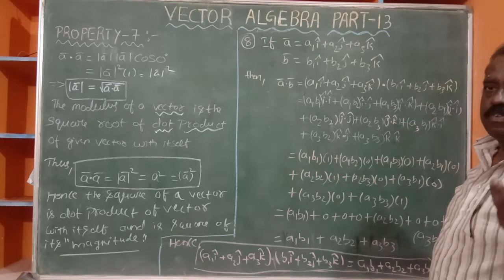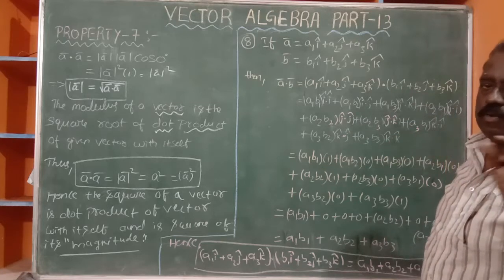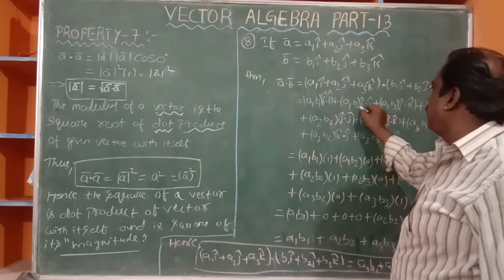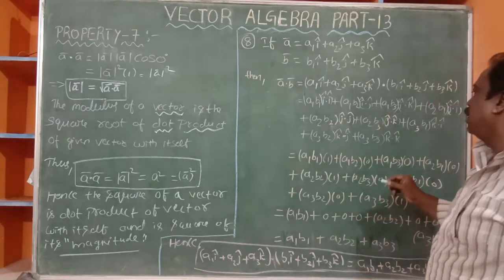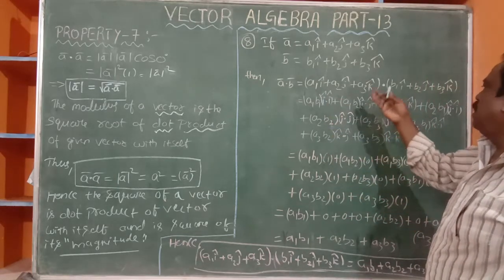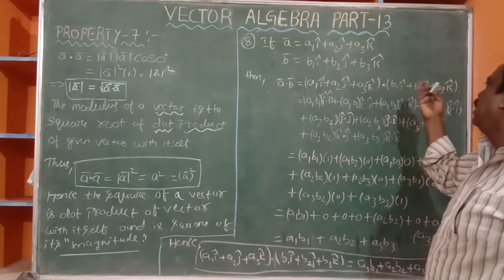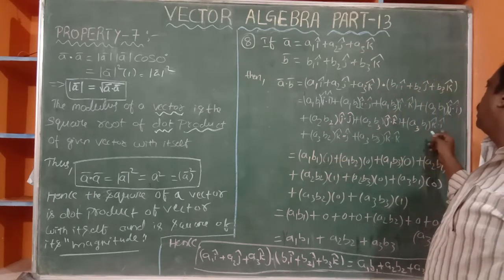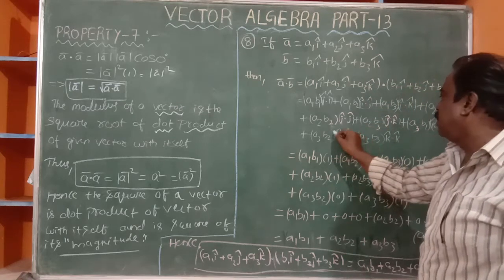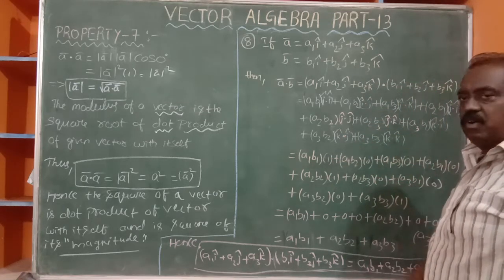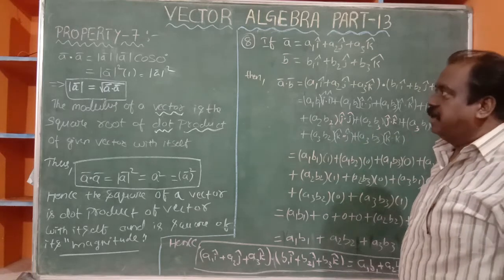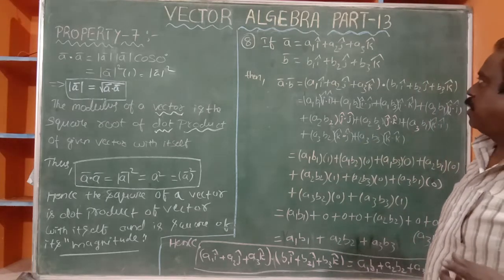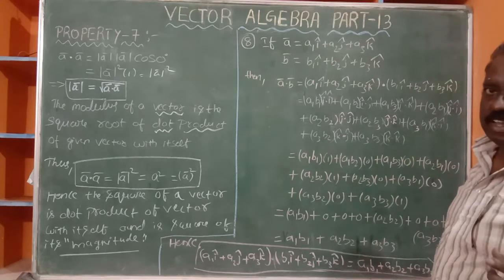The coefficients that multiply are sent out, and only the vectors make the dot product, like i dot i only. Similarly, you go through A3k with B1: A3 B1 k dot i, k dot j, k dot k. And again, we learn about the dot product between the unit vectors i, j, k.